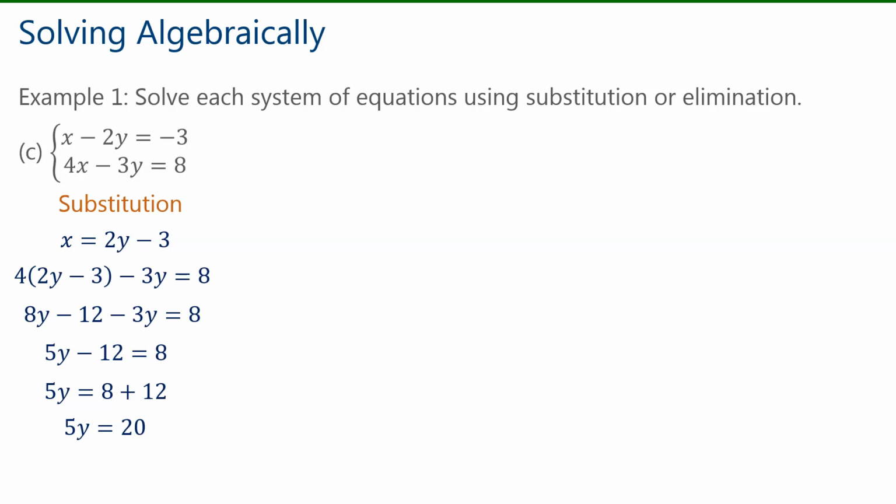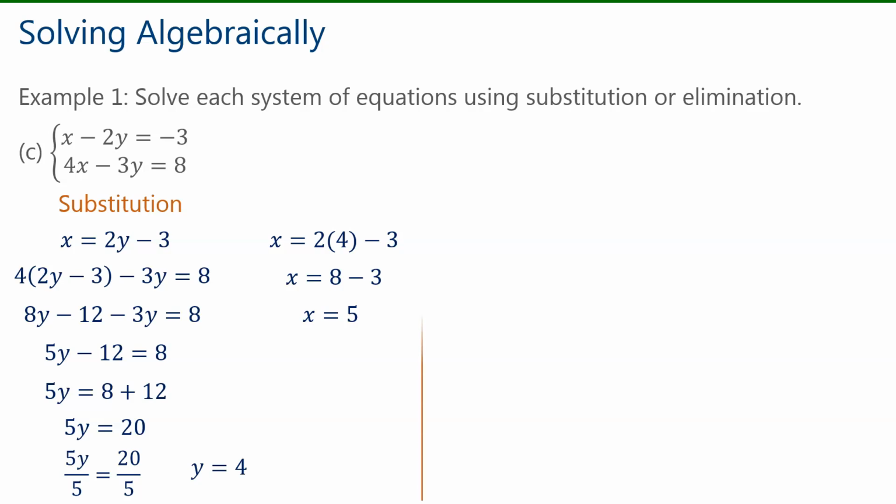Now if I divide both sides by 5, I see that we get y to be 4. Now I'm going to plug that into the rearranged equation to find x. So x would equal 2 times 4 minus 3, which is 8 minus 3, which equals 5.